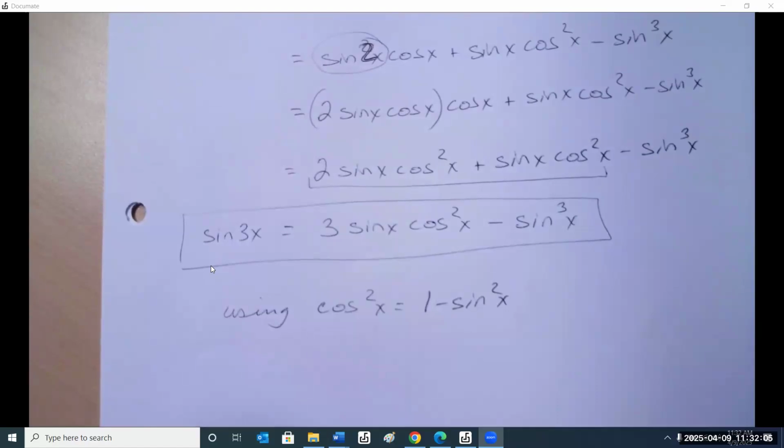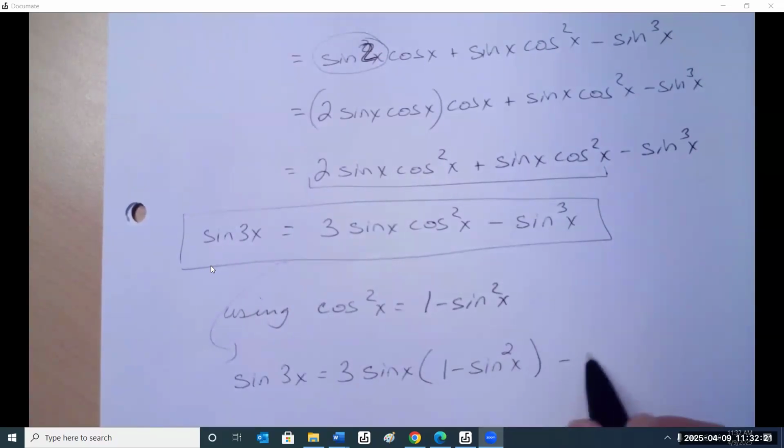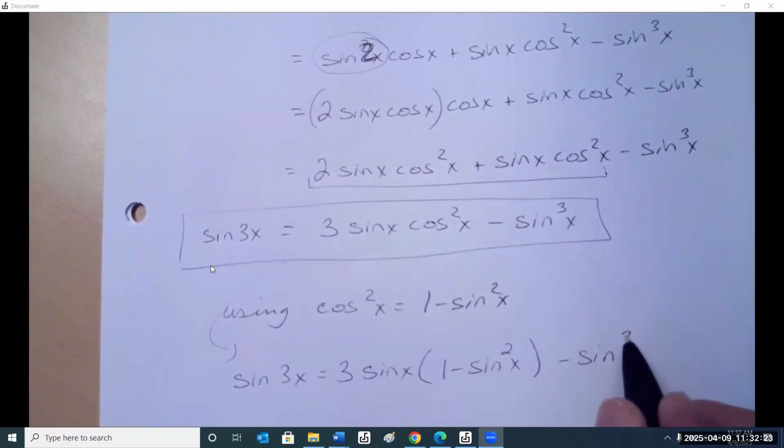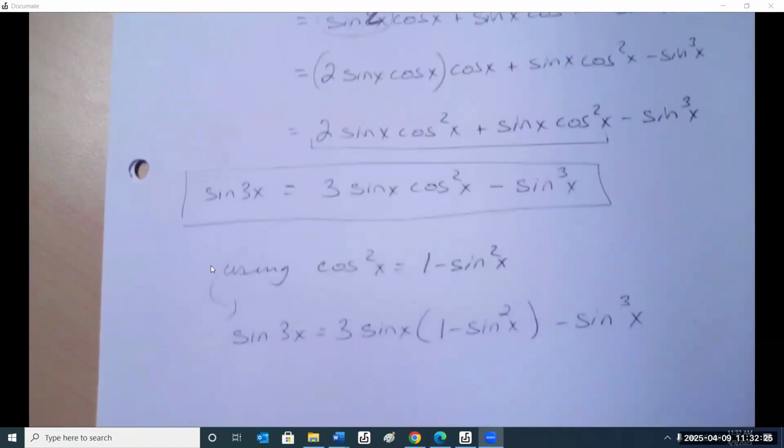Let's say I want only sine to be a factor in there. So that gives us sine 3x equals 3 sine x times 1 minus sine squared x minus sine cube x.